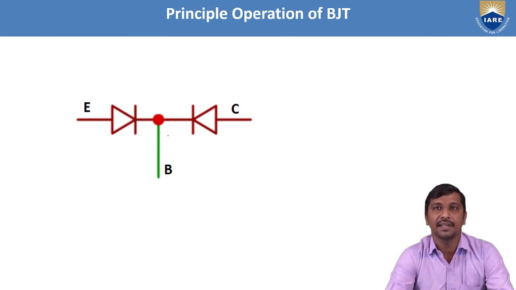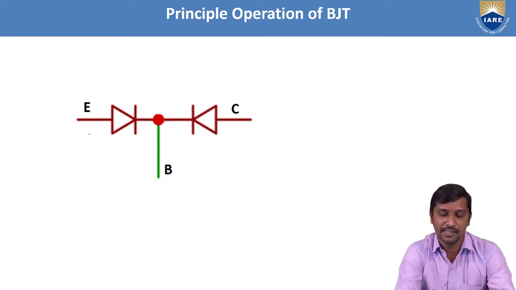Then it forms one transistor, and based on the formation of the transistor, it creates the three terminals, namely emitter, base, and collector, where E means emitter, B means base, and C means collector.